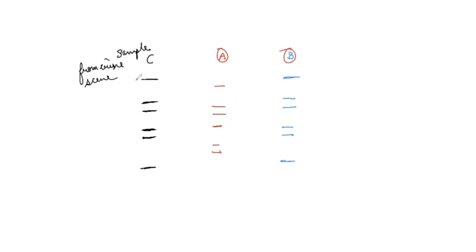This segment matches with B, yes. Here this matches with B, yes. Here again it matches with A and B, so it is matching with both. For this segment it is matching with A and B again, and the last segment matches with B only.